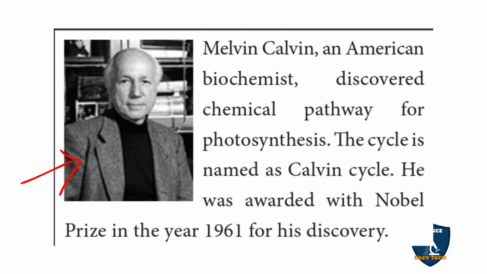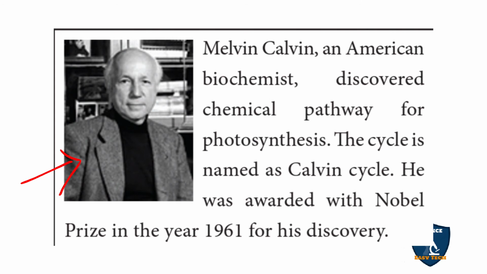The cycle is named as Calvin cycle. He was awarded the Nobel Prize in the year 1961 for his discovery. That is, the dark reaction was discovered by Melvin Calvin and he got the Nobel Prize in 1961.